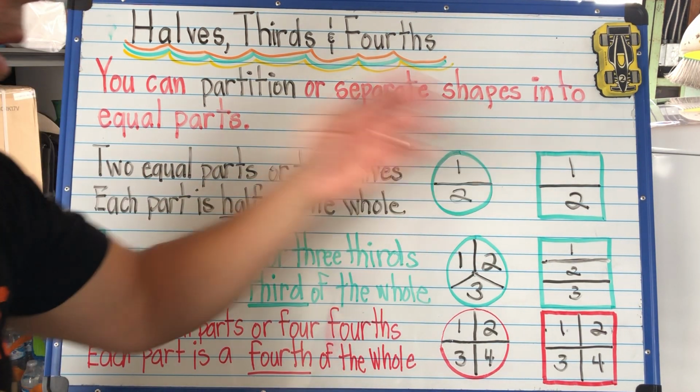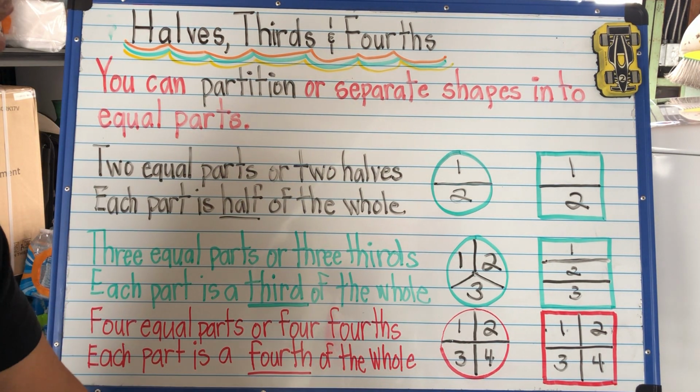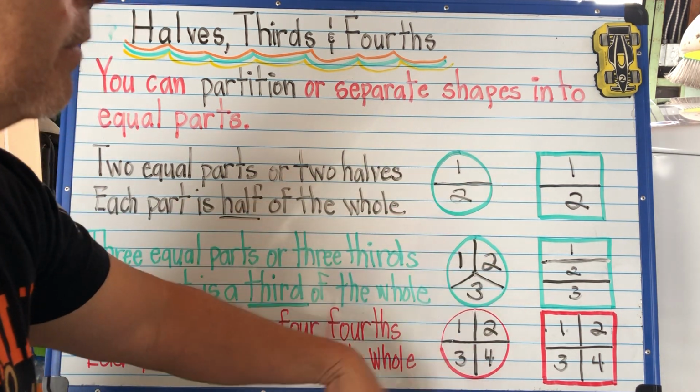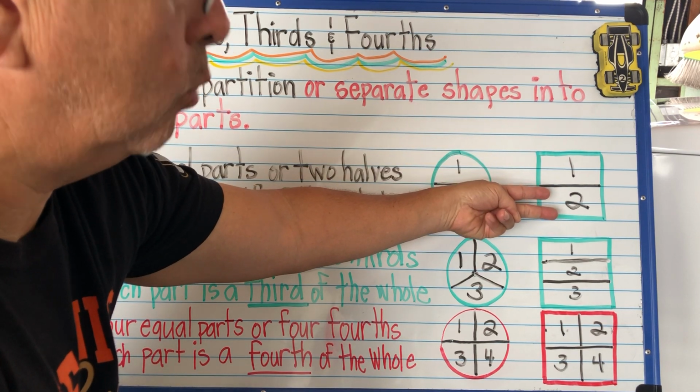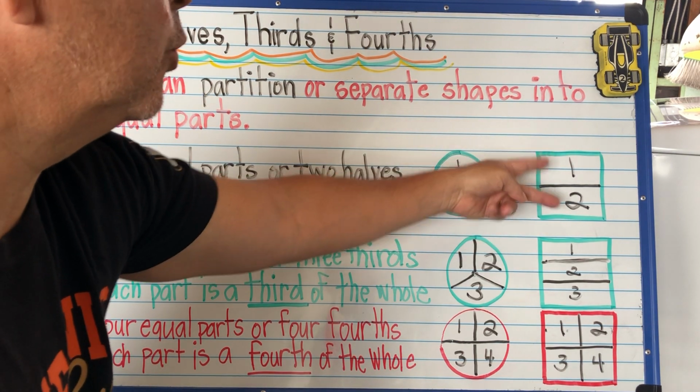Now, if you look at the box or the square, we have the same thing. We have two equal parts or two halves. So there's one equal part here, and here's my second equal part here. So we have two halves.